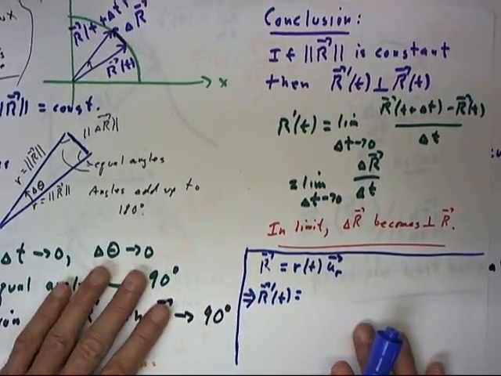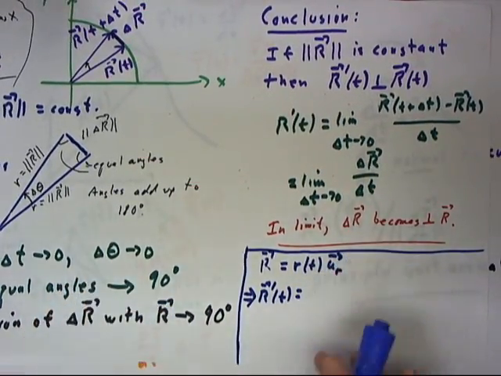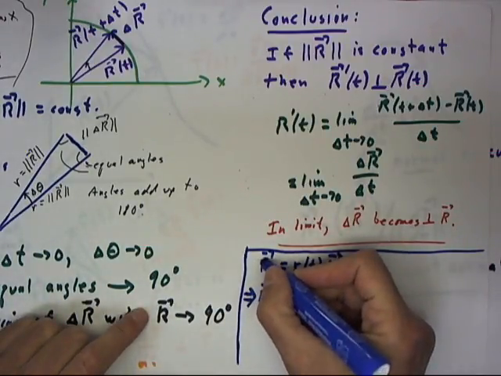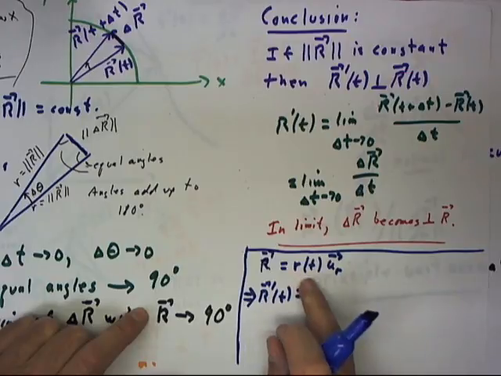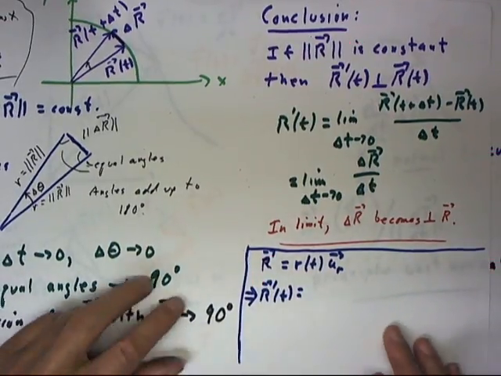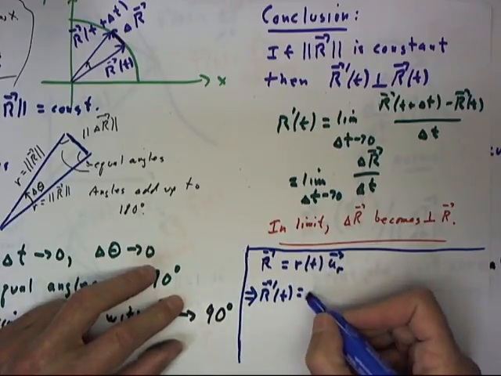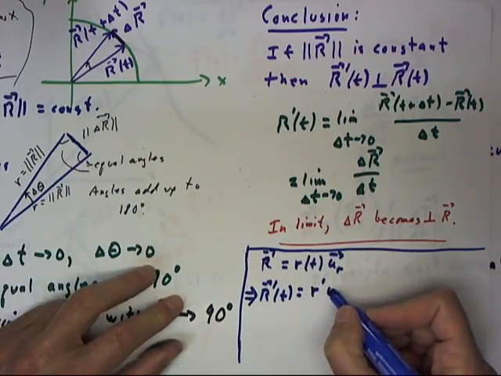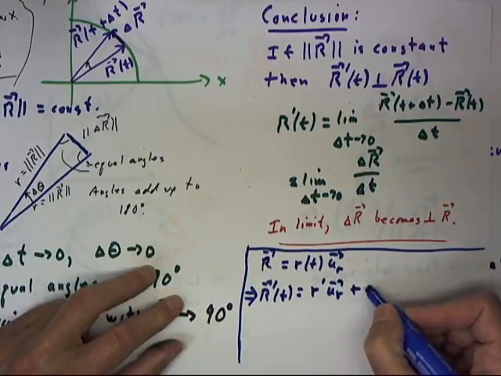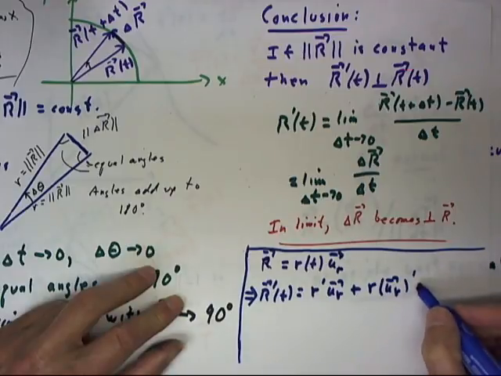In terms of the polar unit vectors u sub r and u sub theta, our vector r is just r of t, the magnitude of r, times u sub r. The derivative of this is what? Suppressing the t notation, this is r prime u sub r plus r times u sub r prime.